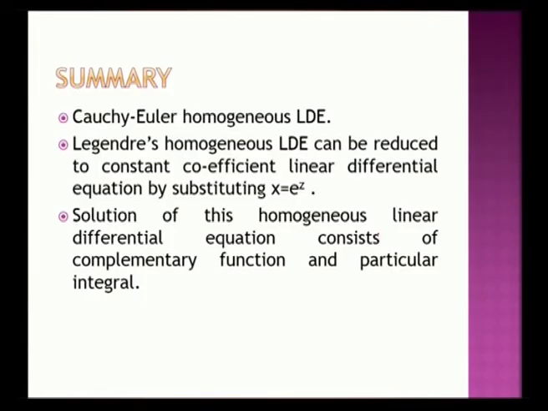Obtaining the complementary function can be done by any method easy for us, and obtaining the particular integral of a non-homogeneous linear differential equation can also be done by any of the methods we know. So these are all the concepts we learnt from this lecture.